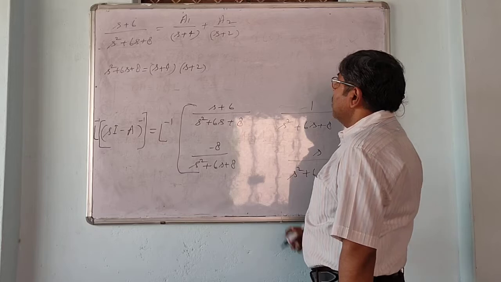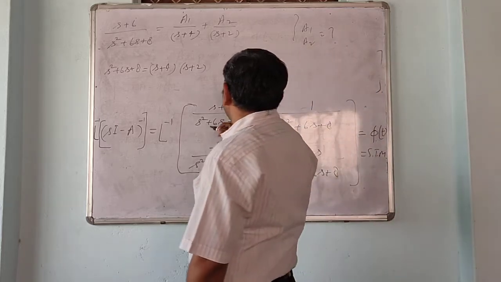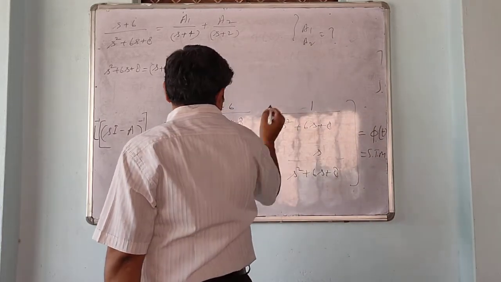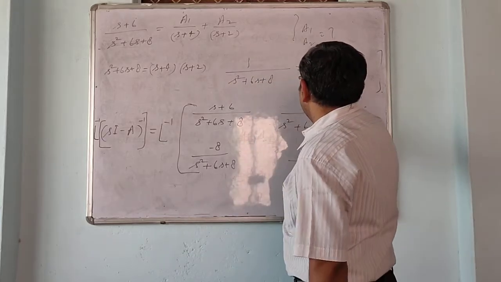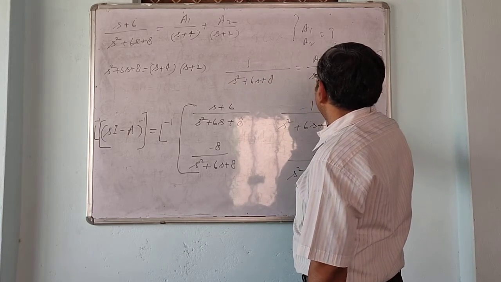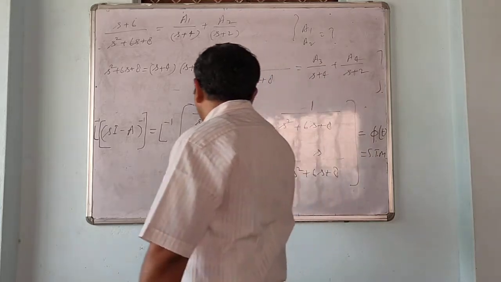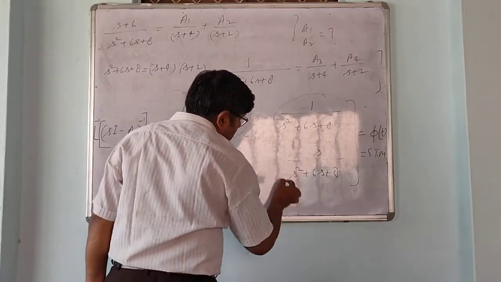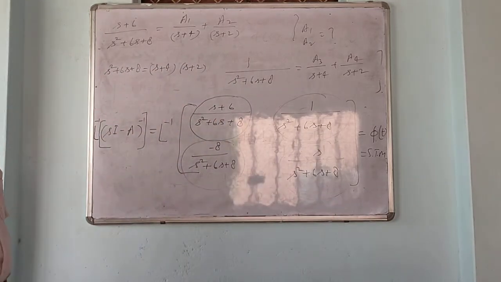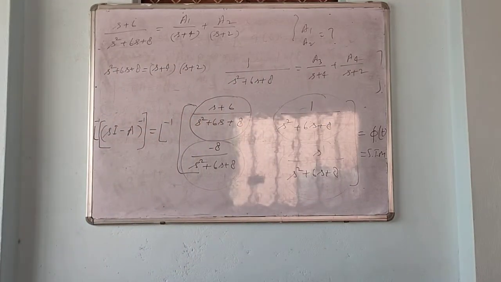After partial fraction, you can calculate a1 and a2. Similarly, for the other term, 1 upon s square plus 6s plus 8, suppose this is a3 upon s plus 4 plus a4 upon s plus 2. So we have 4 terms, and for all these 4 terms we have to find the partial fractions.